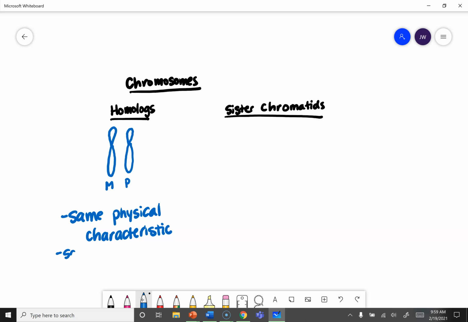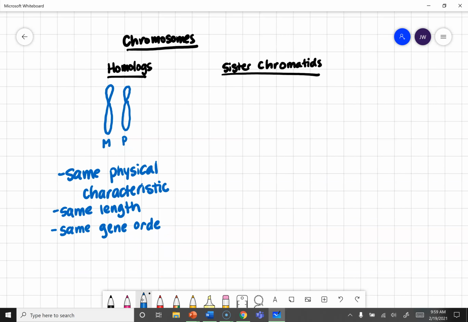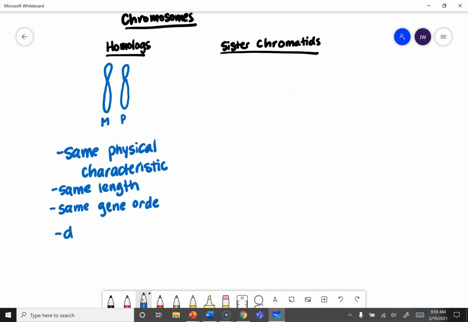They're the same length. They have the same gene order. But they may differ in the alleles for those genes. Now, they might be the same for certain alleles, they might be different for others. There are all sorts of combinations that could happen here.